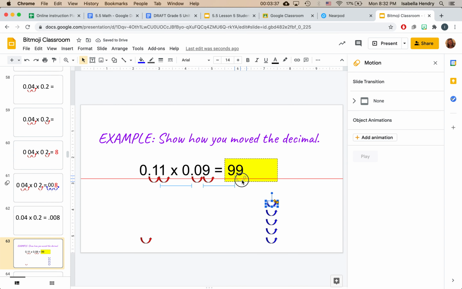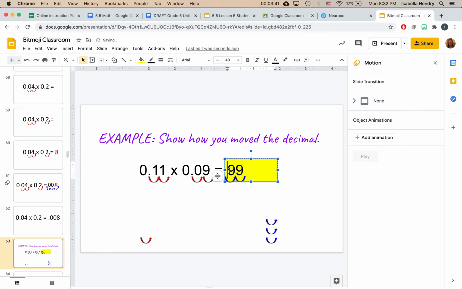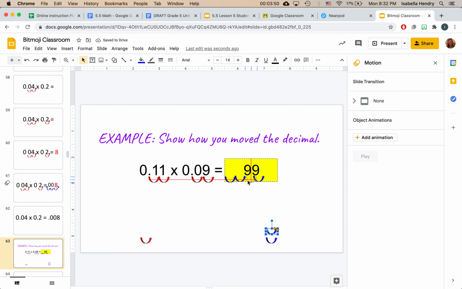Now I'm going to have to move the decimal point back 1, 2, even more. Let me get myself some more space here. 3, 4 times. Because I moved my decimal point 1, 2, 3, 4 times at the beginning, I have to move it 4 times at the end. And again, I'm going to fill those extra spaces with some zeros.